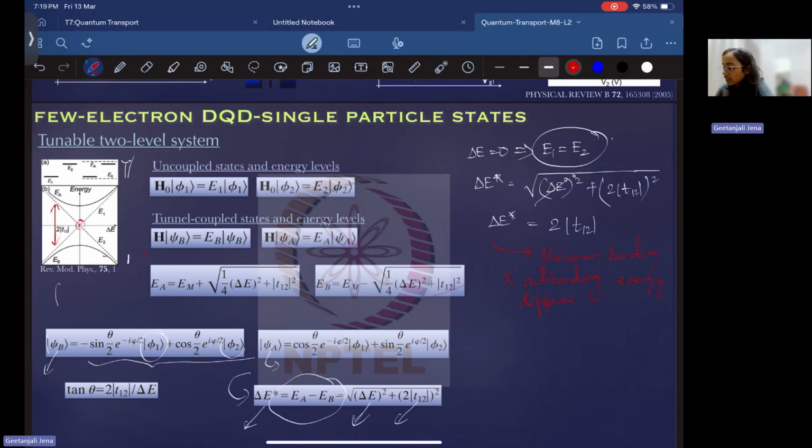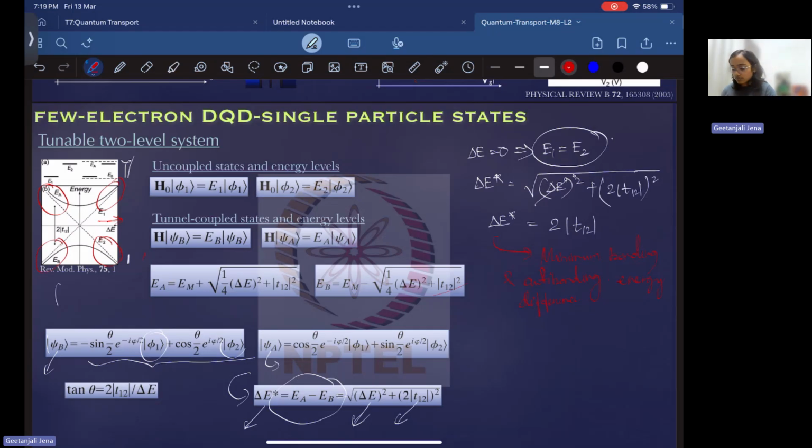So when delta is non-zero, delta E star will increase in both this direction as well as this direction. But at this point where delta is zero, we have a minimum splitting value of 2 times the tunneling matrix element. Now the second interesting feature is that if you go towards higher values of delta E, then EA and EV, the energy of bonding as well as anti-bonding state, approach the energy of E1 and E2.